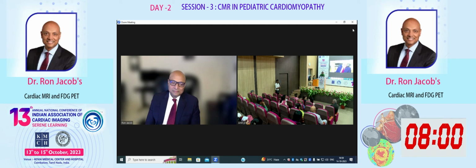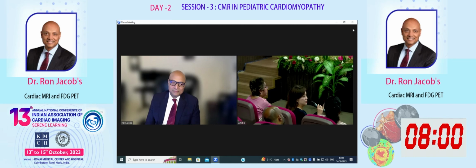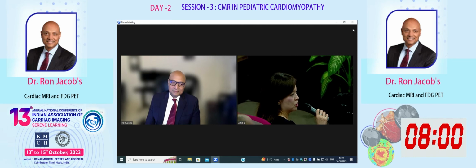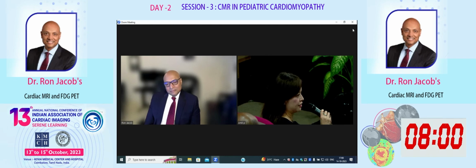So the phantom doesn't give you the normal range. To get a normal range, you need to scan the healthy people to get the normal human myocardial range. So the way we sort of do it is the phantom is to make sure that the method, the actual sequence, is performing what it's supposed to do in the scanner. It doesn't spit out a normal range for me.